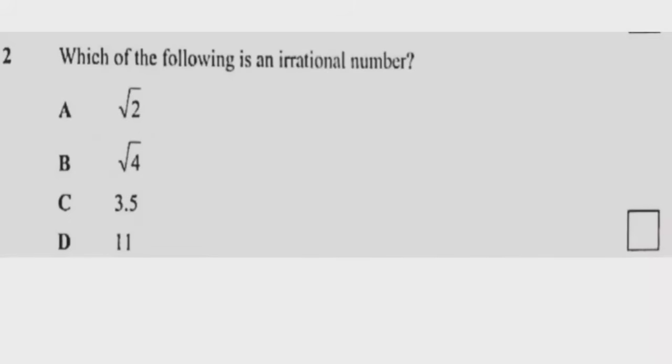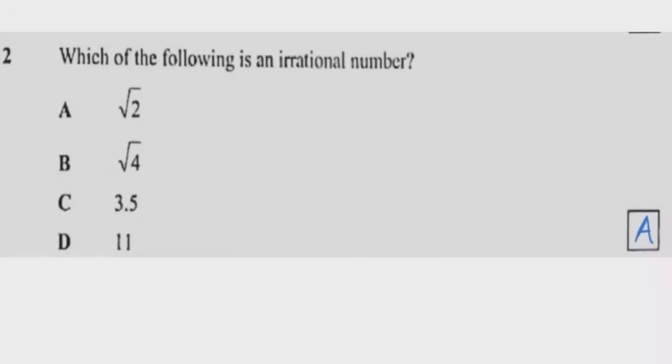If we look at the square root of 2, you find that it is a number that is very long. It has got many decimal places, so it's very difficult for us to express it as a fraction. Therefore, the irrational number is the square root of 2. So the correct answer is A.